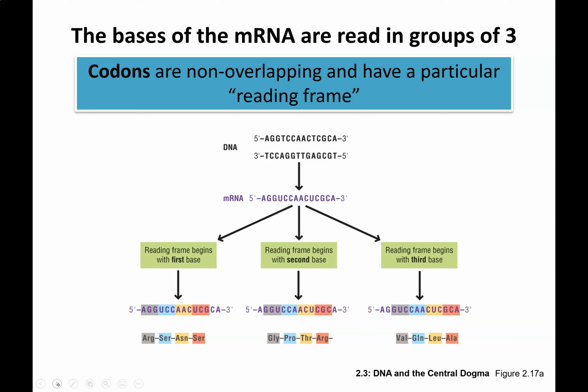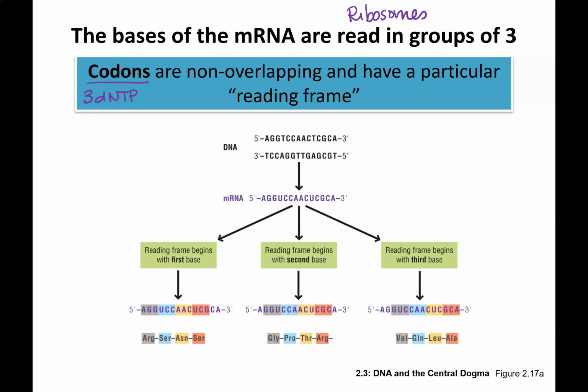But as just a quick overview, the messenger RNA is actually read by protein complexes called ribosomes. And those ribosomes read groups of 3 nucleotides at a time. Those groups of 3 are called codons. Remember, they are read 3 at a time.